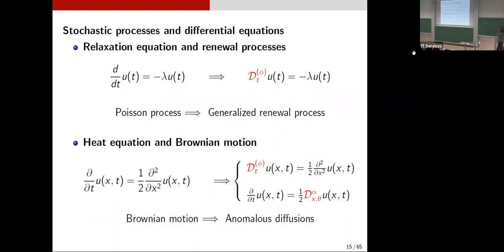Another situation is when we replace, instead of the first order derivative, the second order derivative with respect to space. Here the definition of the non-local operator that I will use will be different. So first of all, of course, we must see some definitions for these non-local operators.